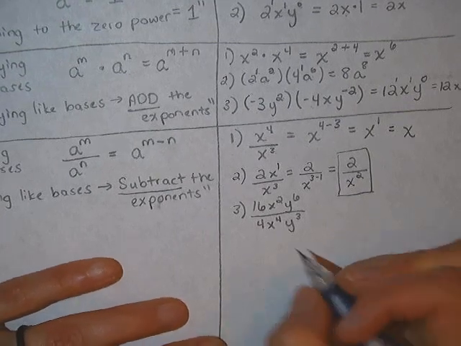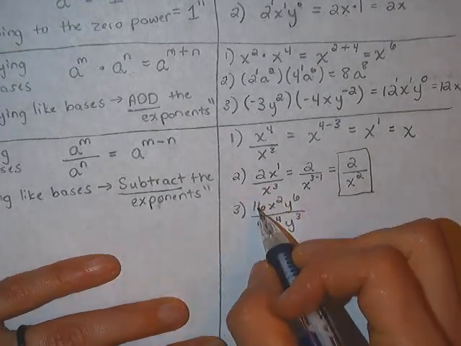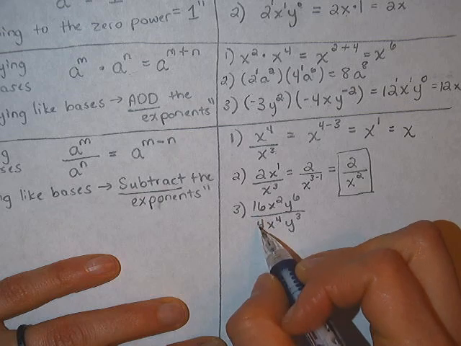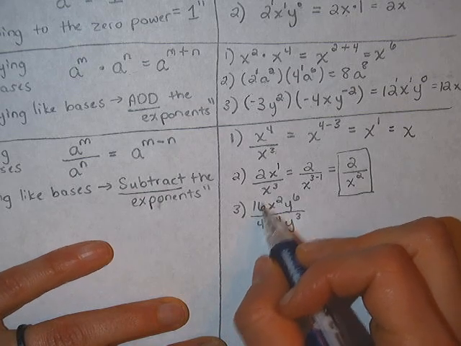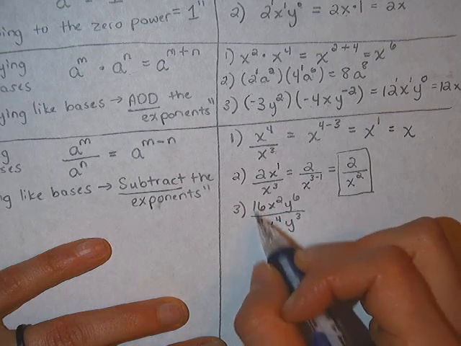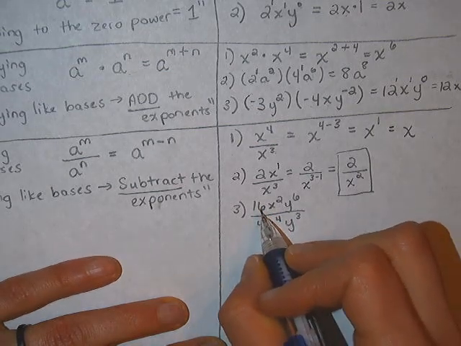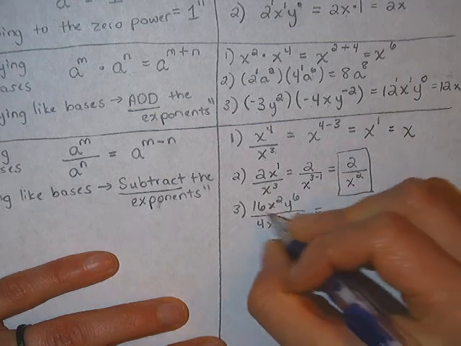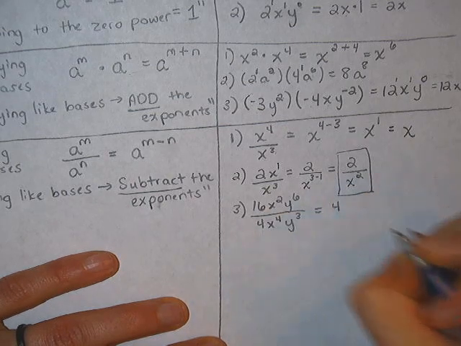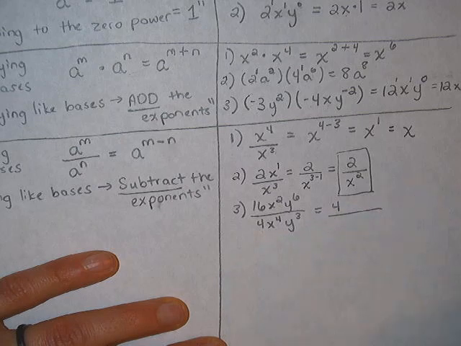Okay, so from here, just like the last problem, you treat the numbers like normal. Even if they had an exponent, you could simplify the exponent with them and then treat them like normal. So notice you have a 16 over 4. So 16 divided by 4 is 4. And the answer goes where the bigger number is, kind of like with the exponent stuff.